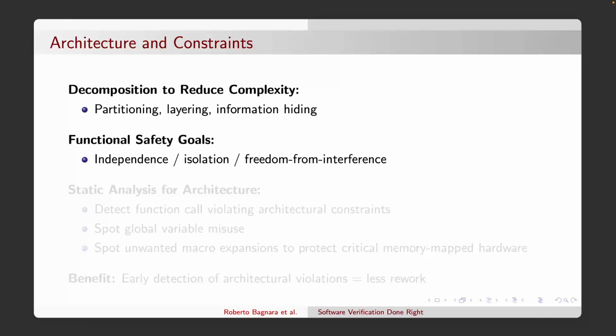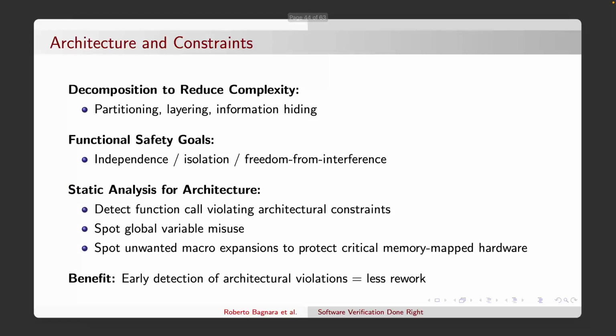These are all terms that indicate the fact that we cannot allow unwanted interactions in the system. Because if we have unwanted interaction, what might happen is that failure in one component may cause a failure in another component, which is to be avoided if this brings about the violation of a safety or a security requirement.